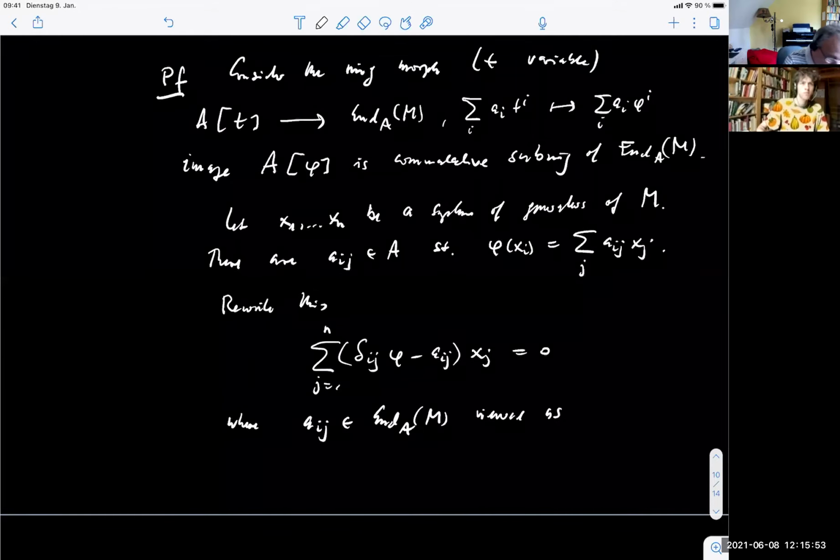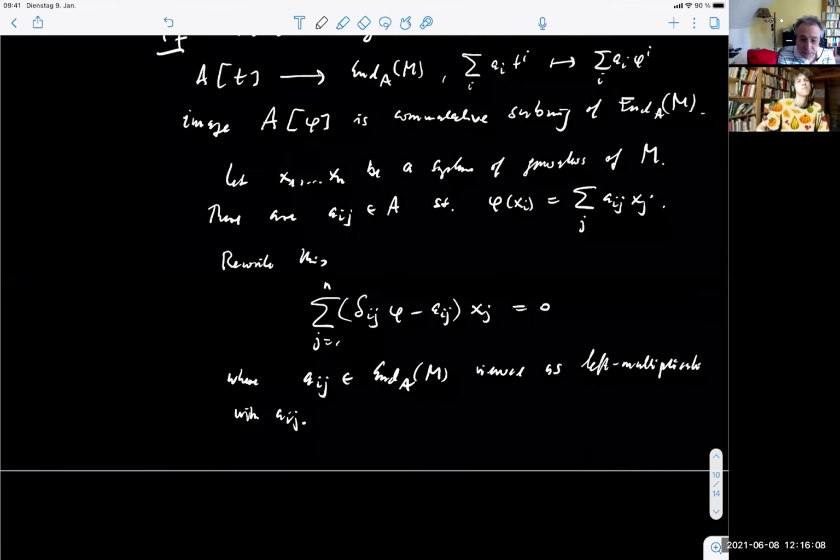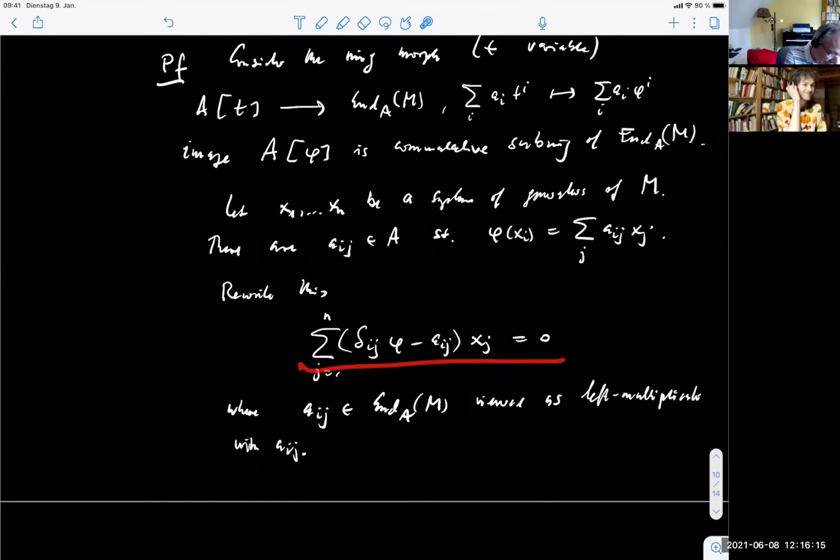Left multiplication is just multiplication, it's all commutative. So this is an identity in this subring.